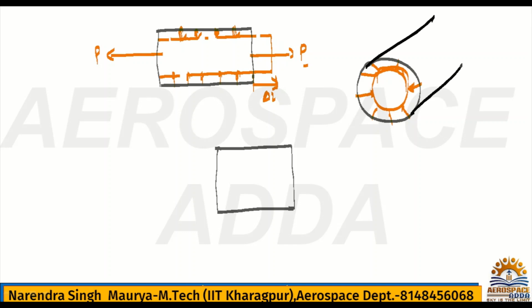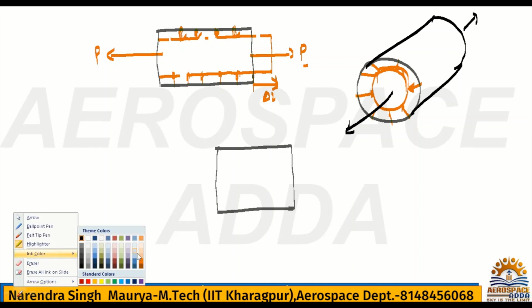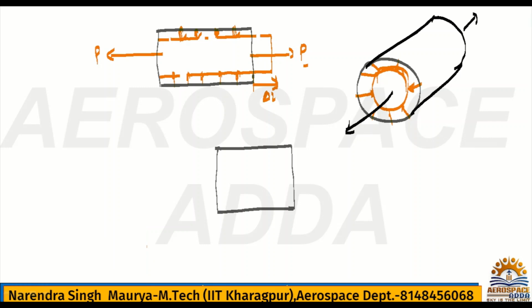But you have applied the load, then this bar becomes something like this. The length is increased that side, but at the same time this diameter is reduced.